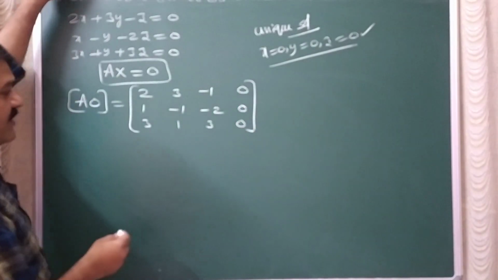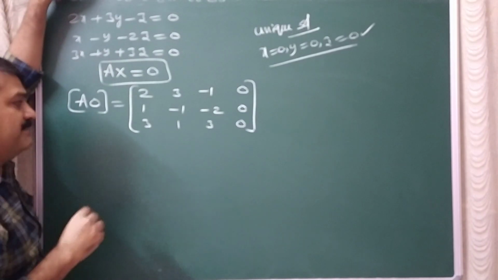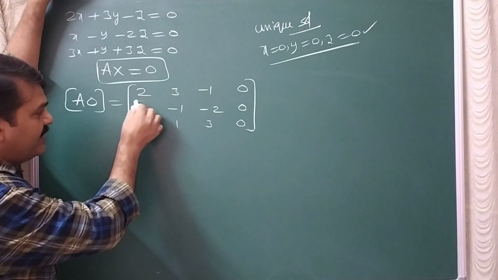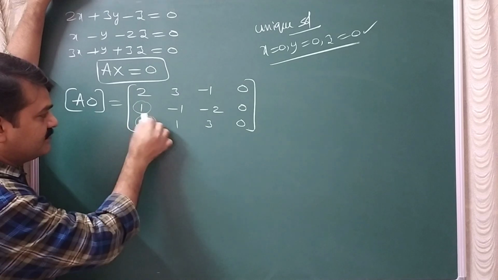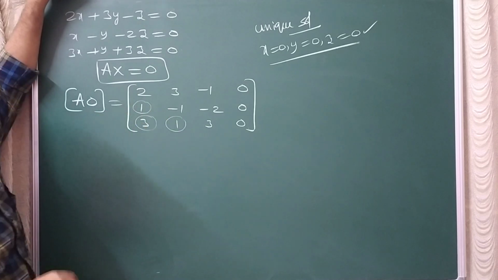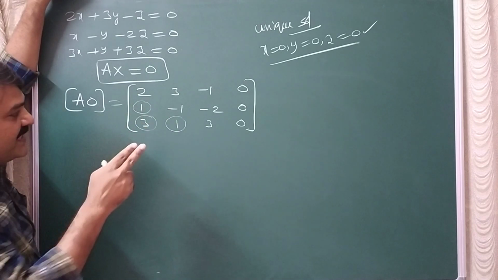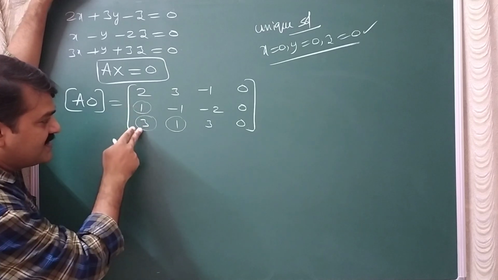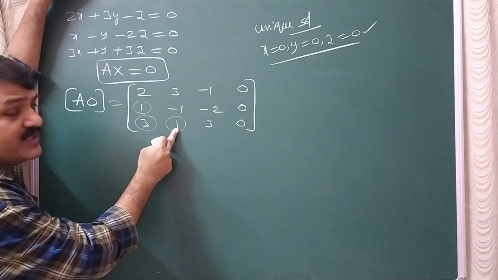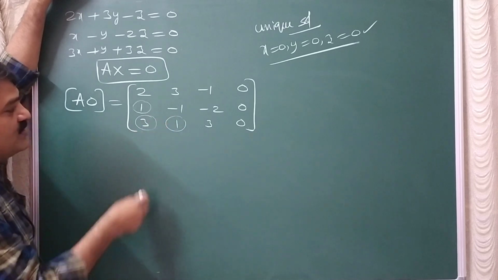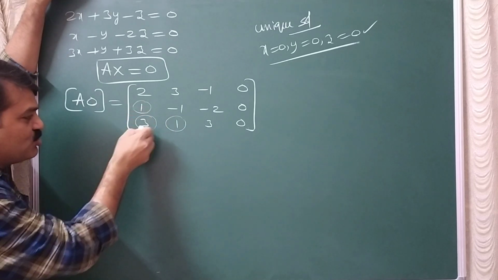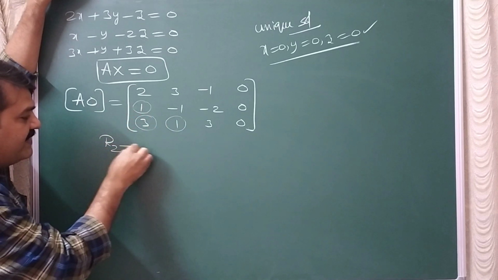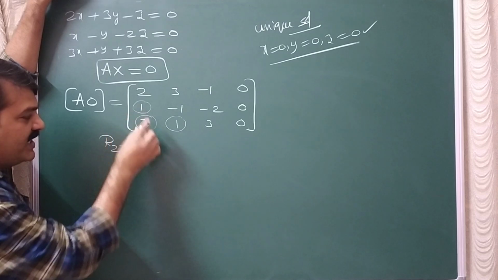So what is our aim? Our aim is to get zeros in these three places. First step, we try to get 0 in these two places. Second step, we try to get 0 in this place. So I will take R2 to get 0 here.